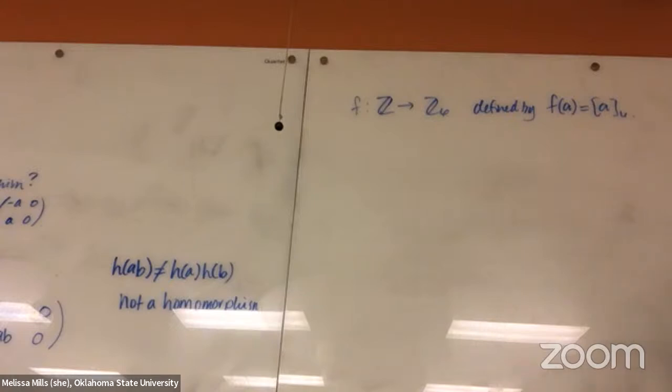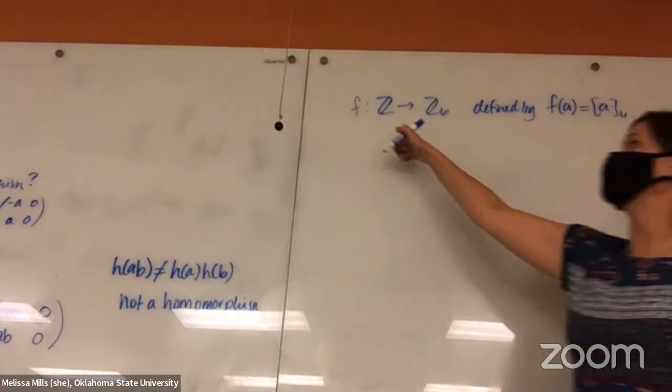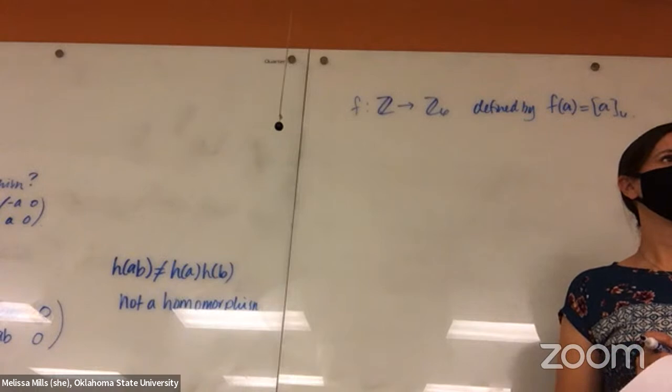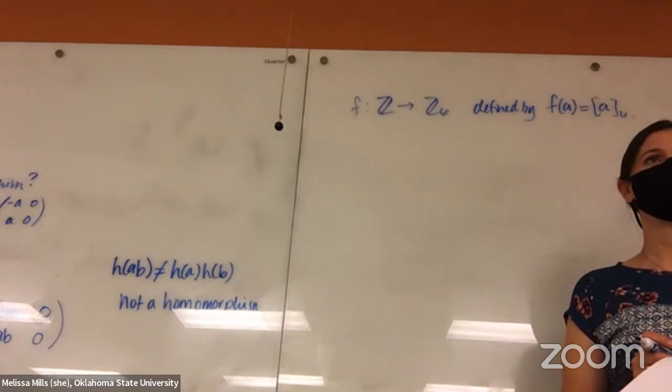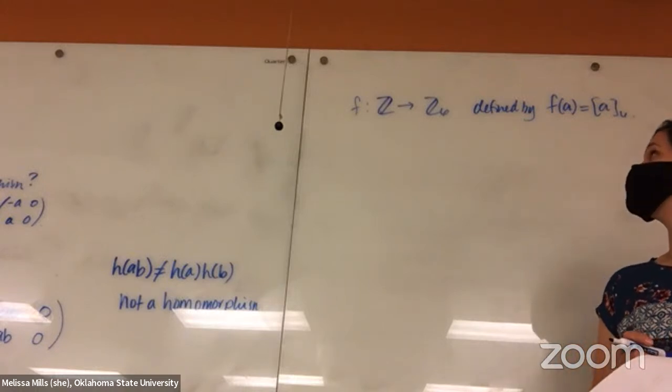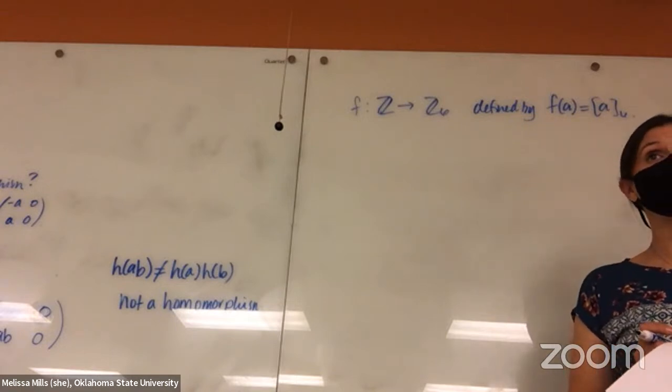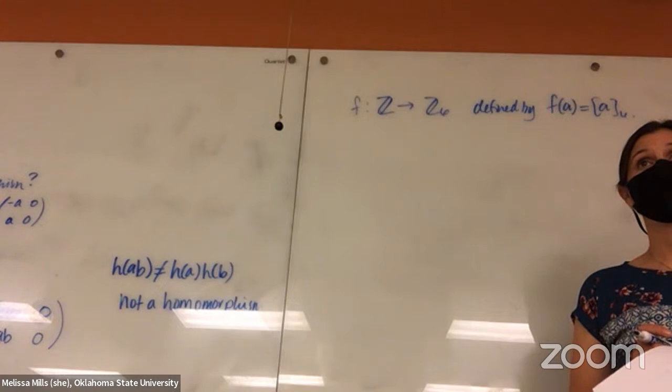Why or why not? We have to think about the structure of these two rings. Are those two rings going to have the same structure? Why not? Z mod 6 has zero divisors and Z doesn't. That's one thing. What else?